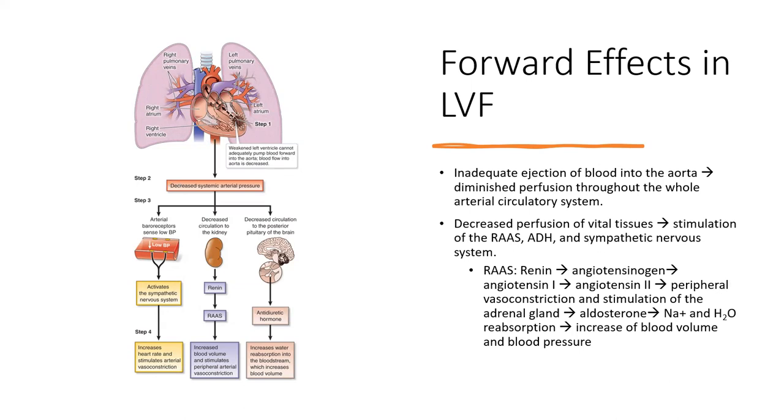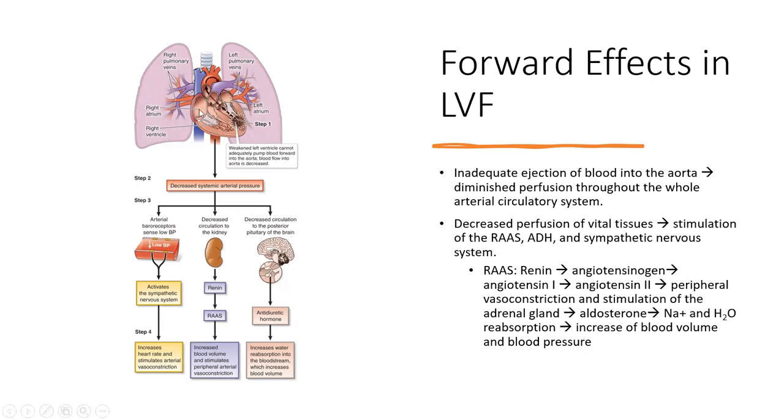So now you're going to have a stimulation of the RAS, ADH, and sympathetic nervous system. With your RAS, and I've got a picture on the next slide too, we've got renin, angiotensin 1, angiotensin 2, peripheral vasoconstriction and stimulation of the adrenal glands, aldosterone, sodium and water reabsorbed, increased blood volume and blood pressure.